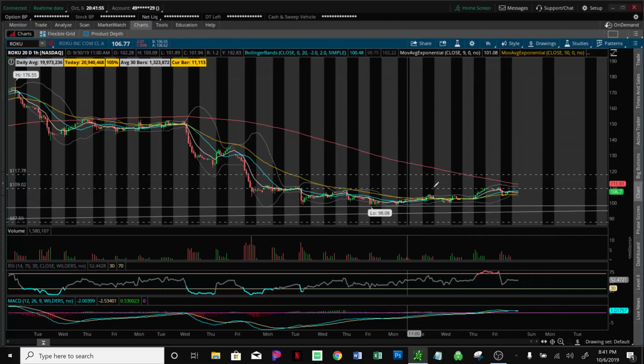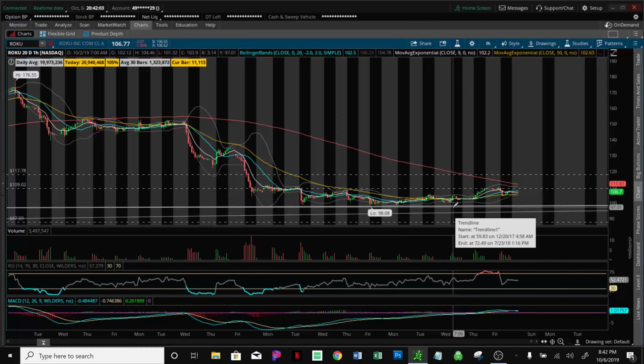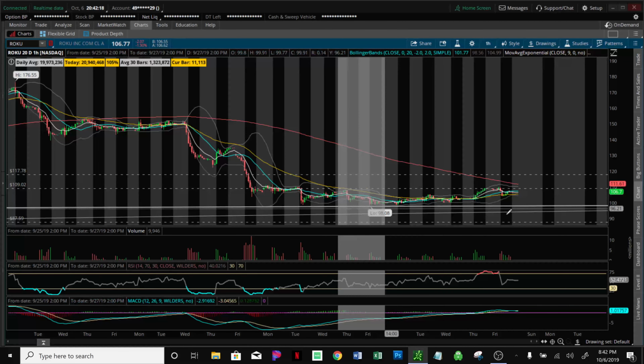So I'll get over to the hourly chart, and a quick little trick here. Sometimes when you get these stocks that sell off quick, it can really skew your charts, and it makes it hard to draw trends because everything gets so small. So I'll crop it in here.